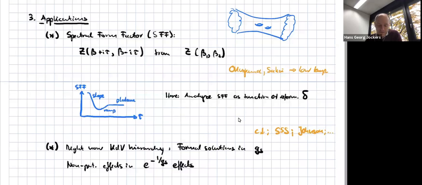The other thing I want to point out, and maybe this is related, is something we are currently investigating.